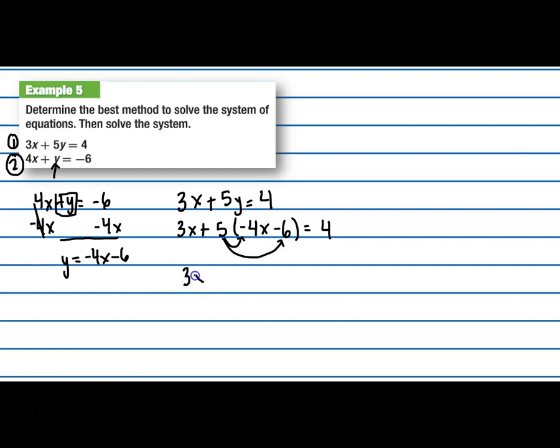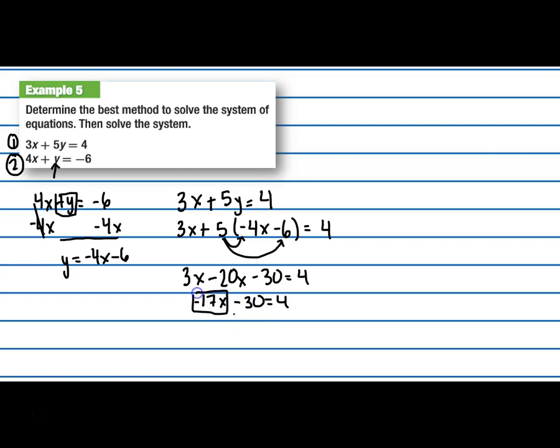So we have 3x minus 20x, 5 times -6, -30, which is equal to 4. We combine like terms with our x's. -17x minus 30 is equal to 4.